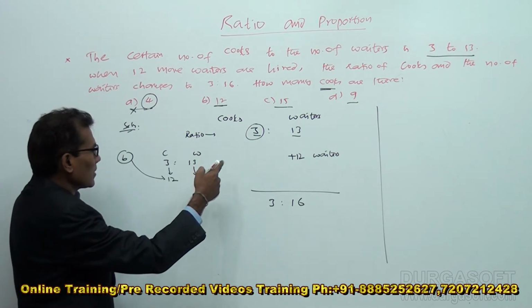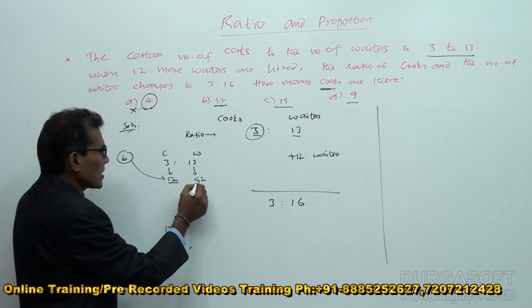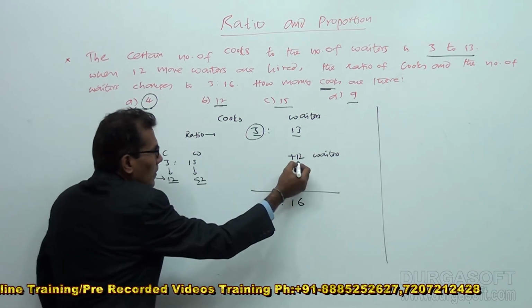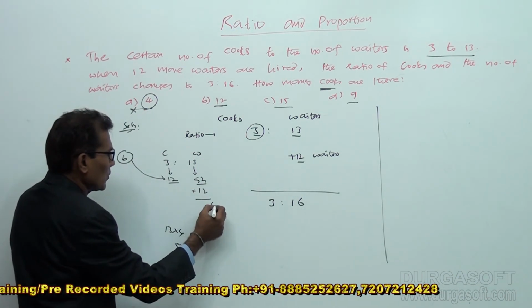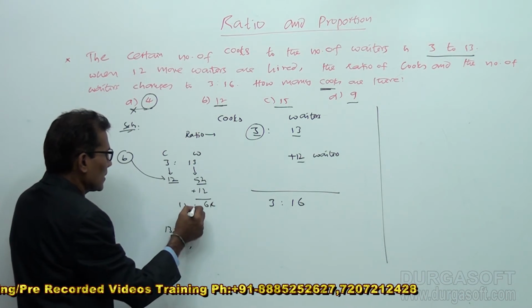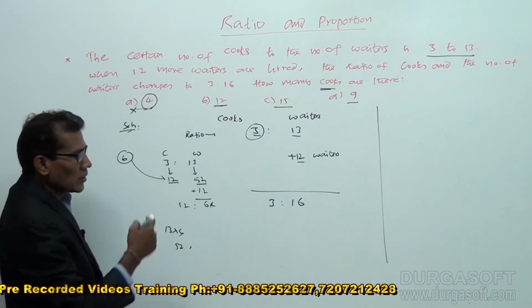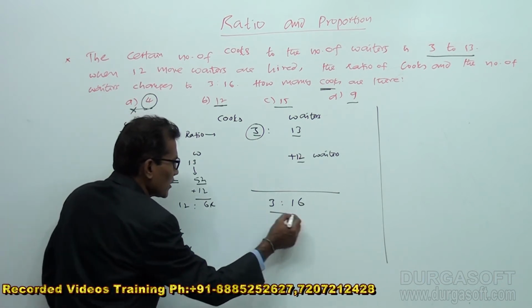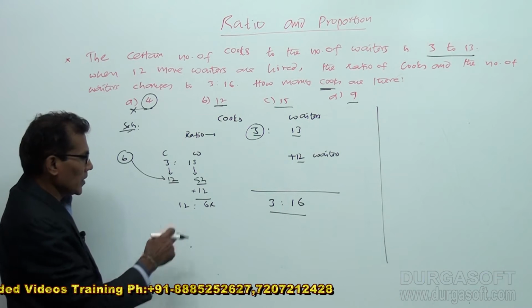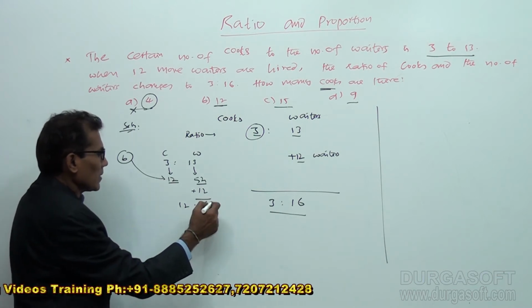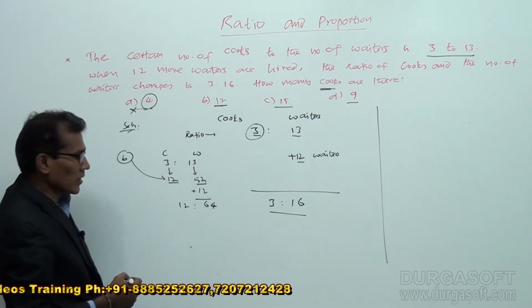But what happened here? According to the given question, once we know the number of cooks and number of waiters, 12 waiters are added. Here I am adding 12 to this, so 2 plus 2 is 4, 6, this is 12. 12 is to 64. But according to the question, the ratio must become 3 is to 16. Let us check, is this equal to 3 is to 16? If it is equal, then option B is going to be the right option.